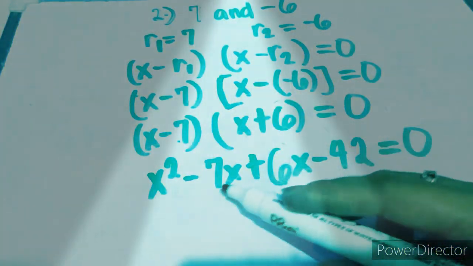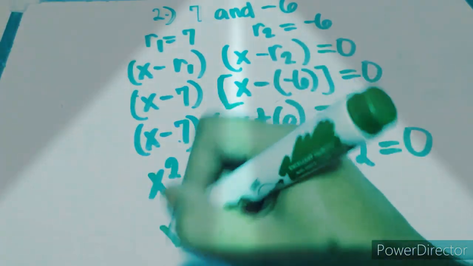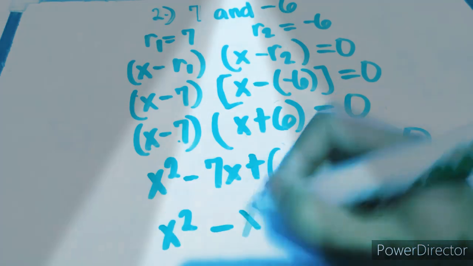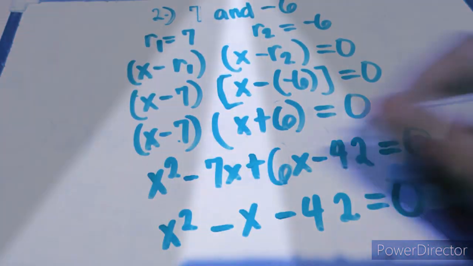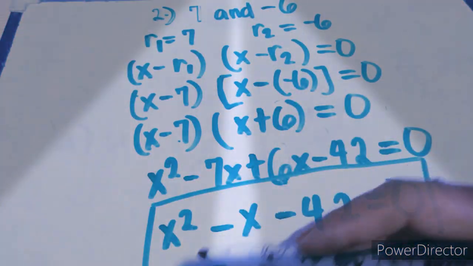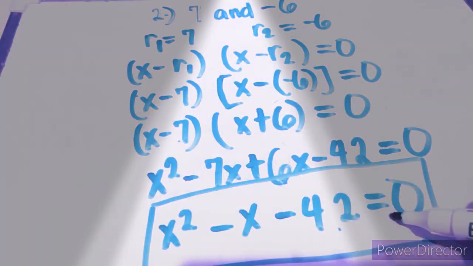Then after that, combine like terms, you have negative 7 plus 6x. You have x squared, 1x or x here, minus 42 is equal to 0. So your final answer here is x squared minus x minus 42 is equal to 0.